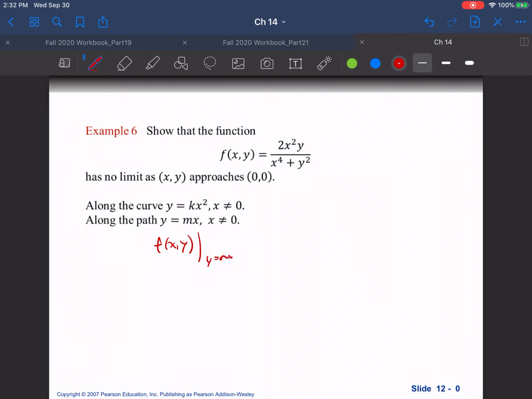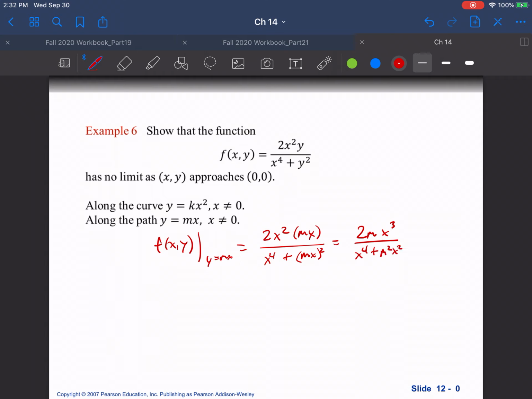We end up with 2x squared times mx over x to the fourth plus mx squared. This just equals 2mx cubed over x to the fourth plus m squared x squared.